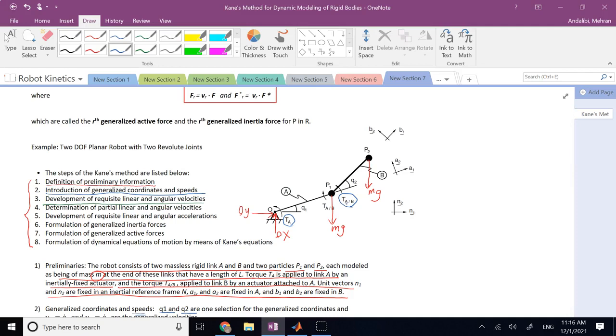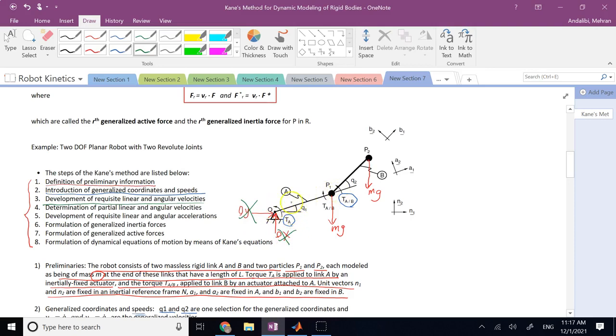Now, out of the 6, definitely OX and OY do not do anything because they are applied to points that do not move. They do not cause any motion, so I can eliminate them from my list. What is the effect of TA?